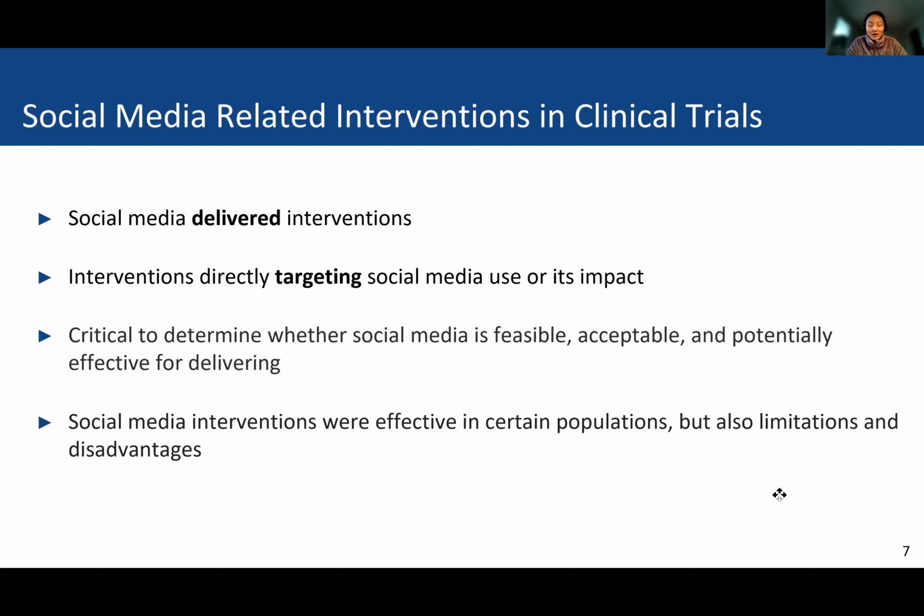So these are, at least for now, the two main aspects of social media related interventions in clinical trials that people are mostly interested in. And while we are designing research that involves social media, we really need to determine whether we can effectively deliver the message we wanted to deliver, and whether those messages are acceptable and feasible to the target population we wanted to receive them.